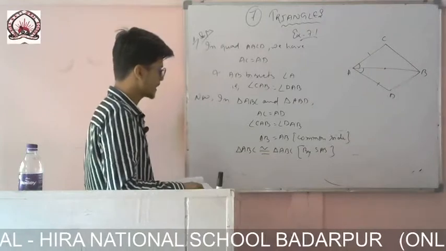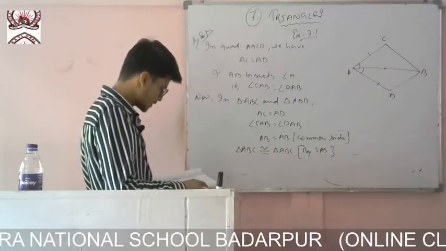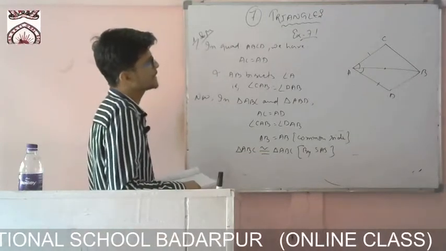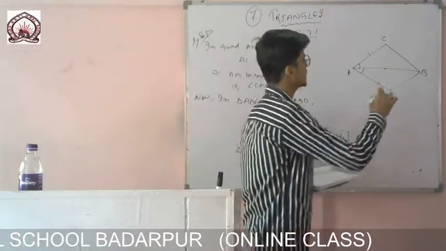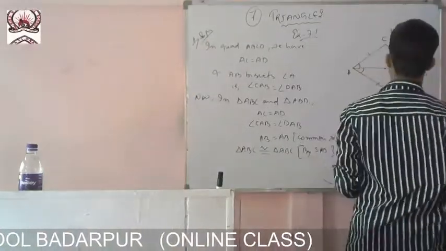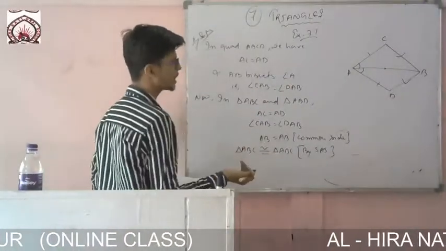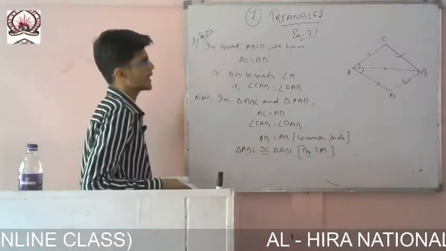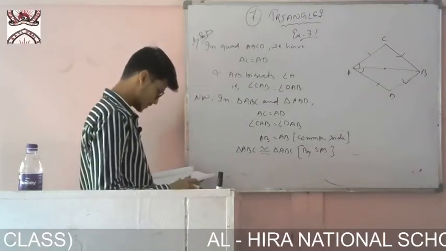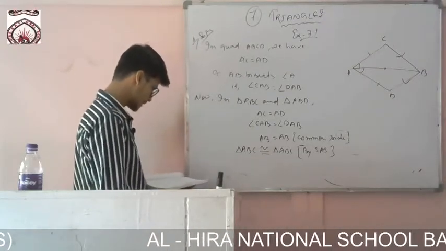So now what is there? You see, what can we say about BC and BD? The question is given, what can I say about these two sides? Since these two triangles are congruent, these two sides will also be equal, because corresponding parts of congruent triangles are equal.